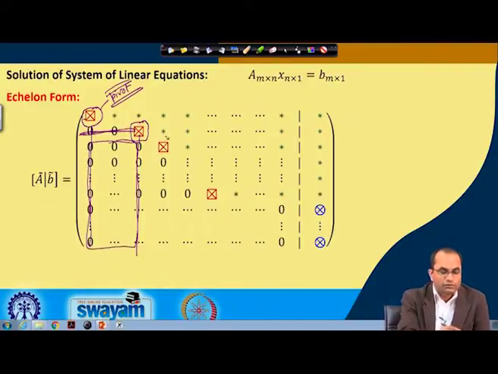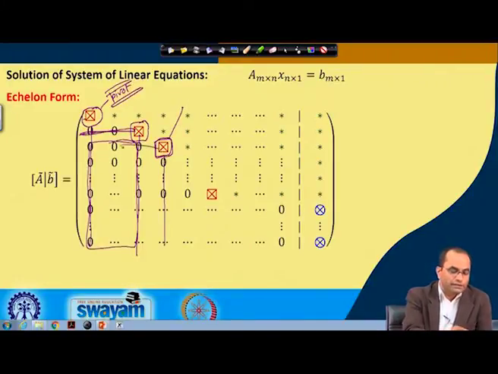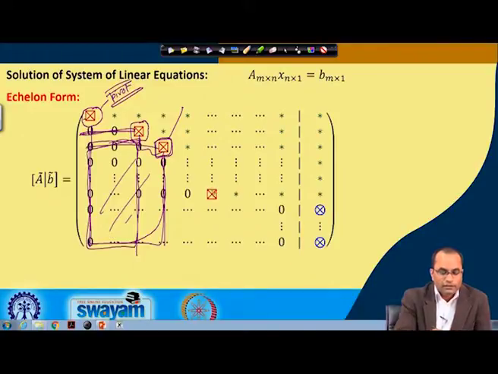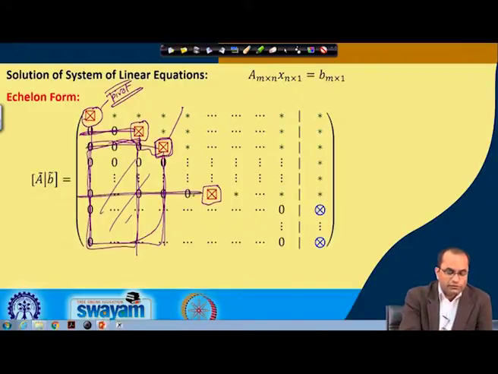So, we call this the pivot element. Again, in this echelon form, this element will be called a pivot because everything here is 0, everything here is 0, and in this submatrix everything is 0. Similarly, this one is a pivot if it is a non-zero element, and everything to the left and below it is 0.